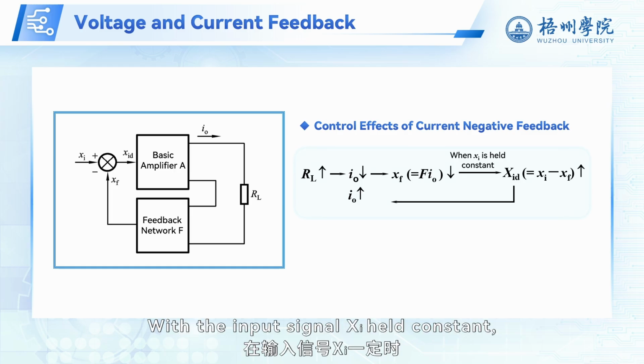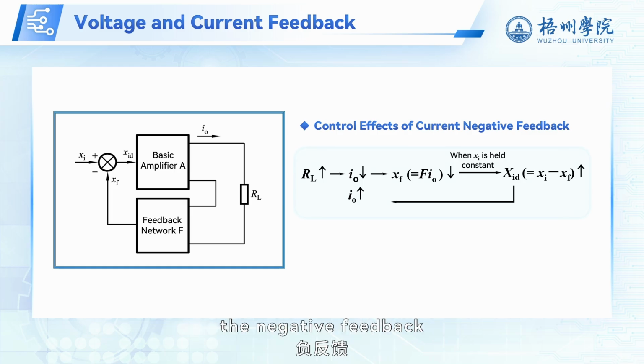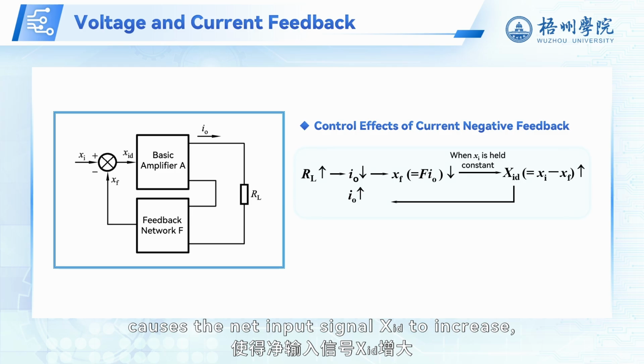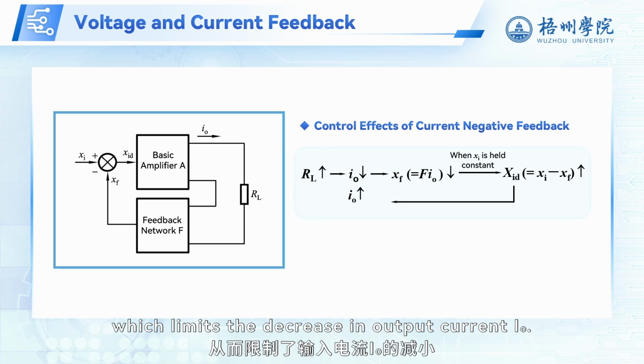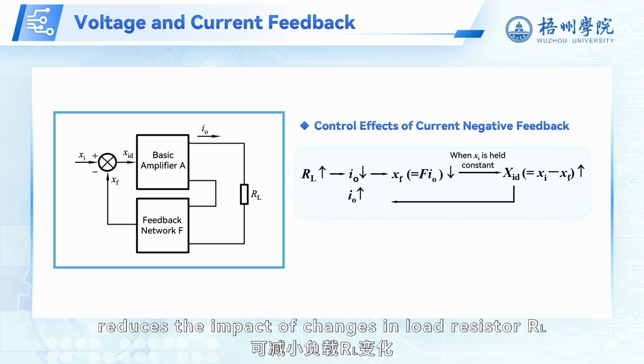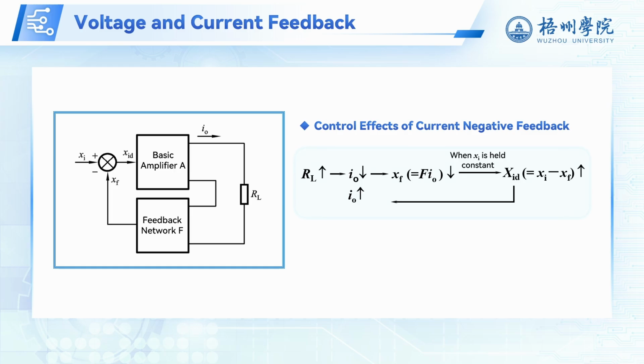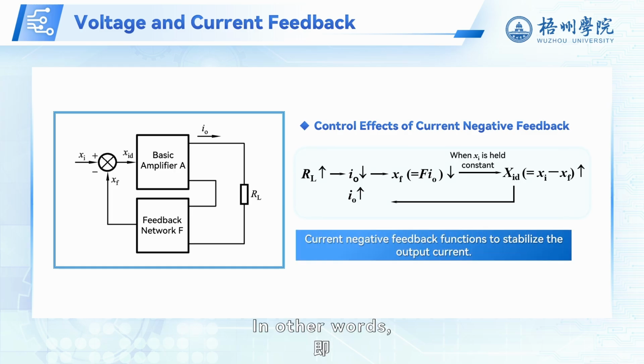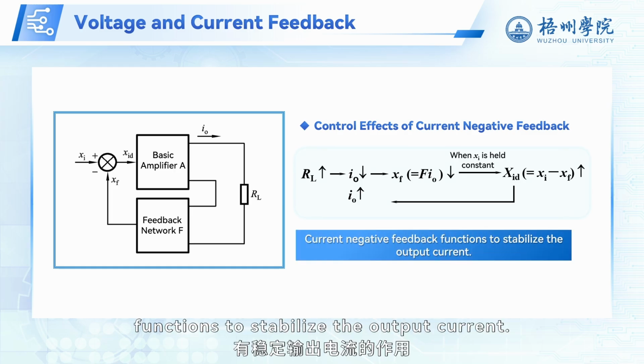With the input signal Xi held constant, the negative feedback causes the net input signal XID to increase, which limits the decrease in output current IO. Thus, current negative feedback reduces the impact of changes in load resistor RL on the output current IO. In other words, current negative feedback functions to stabilize the output current.